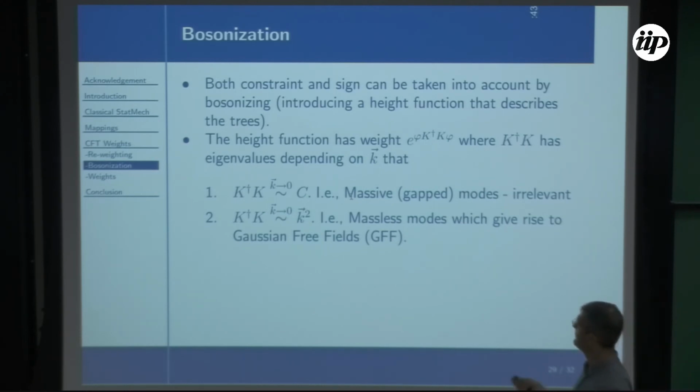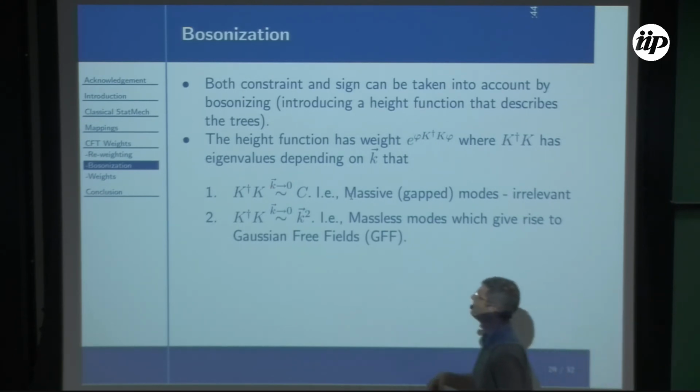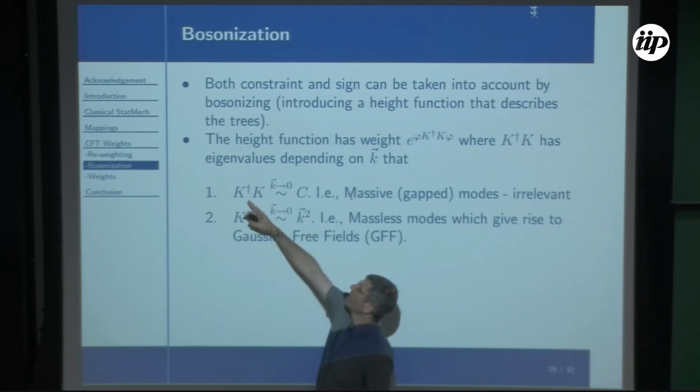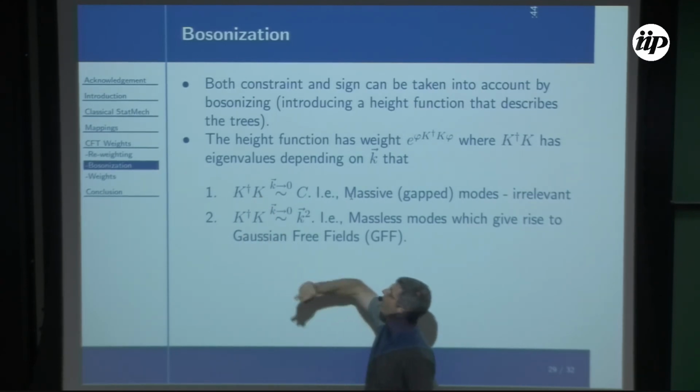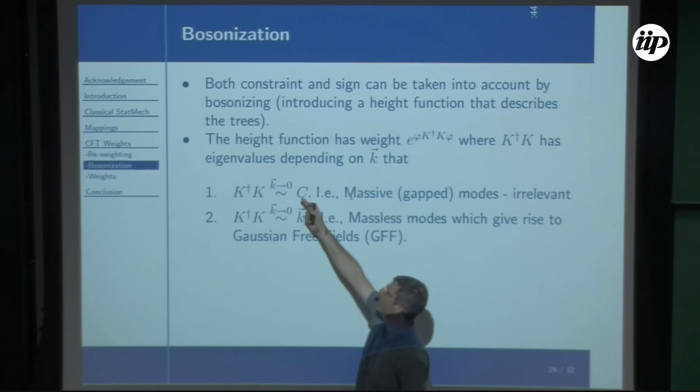And the point is that at the limit k goes to 0, it's small k's. So this matrix is defined everywhere on the lattice. But of course, there's a translation invariance, so we can do a Fourier transform and write it through the wave number k. So when you look at this matrix K dagger K, which includes all these signs, one can see that there are many so-called massive modes.